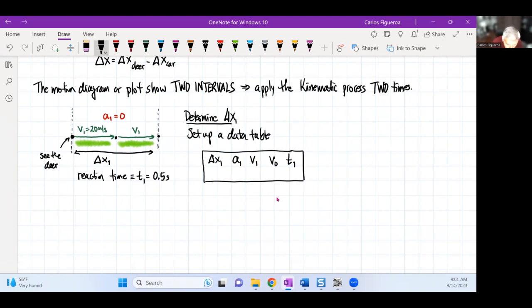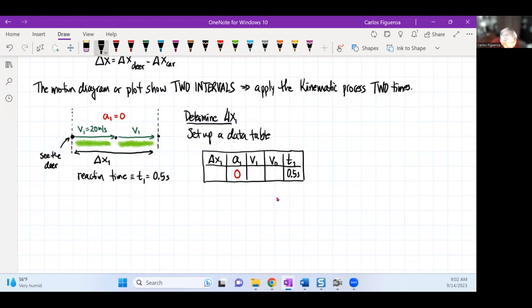Then what is it that I do know about it? Well, one thing that really sticks out is that the acceleration is clearly 0. The other thing that's really clear here is that my time is half a second.